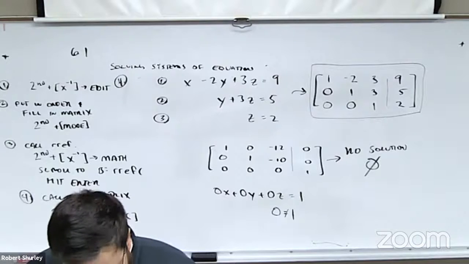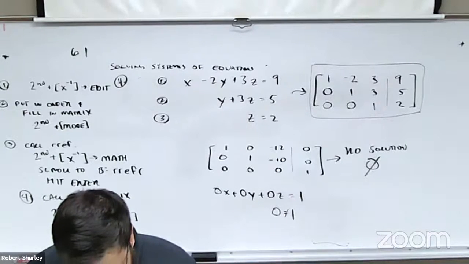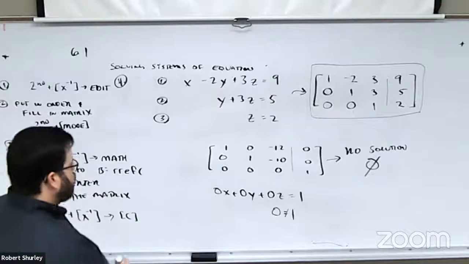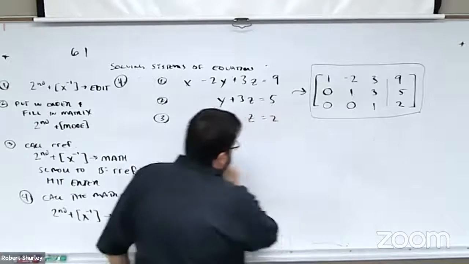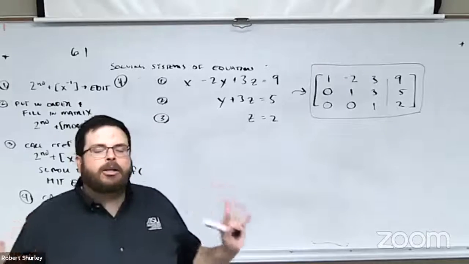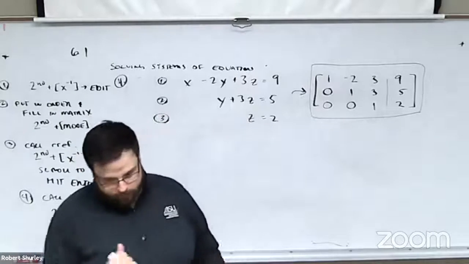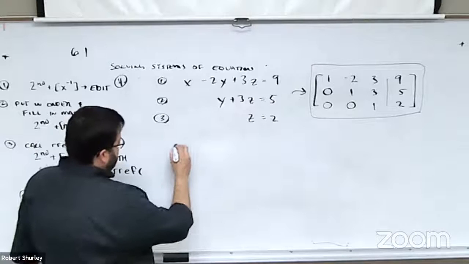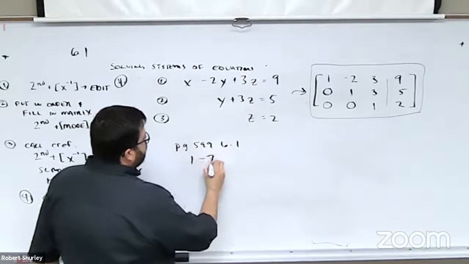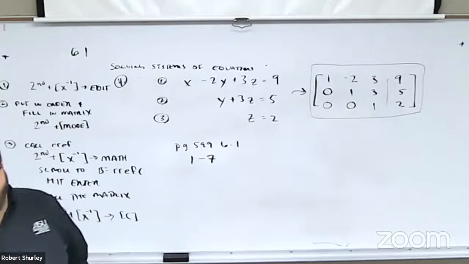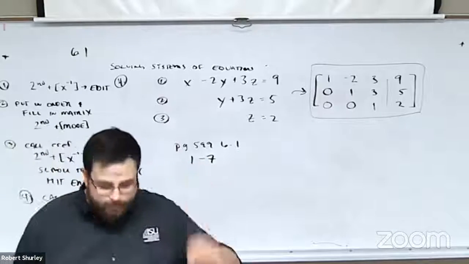Okay, so for homework then, I want you to do, let's look here, because I'm going to choose some from a few different sections. And look, other than the first one, so page 599, section 6.1, 1 through 7, it asks you to write the augmented matrix, do that, okay?